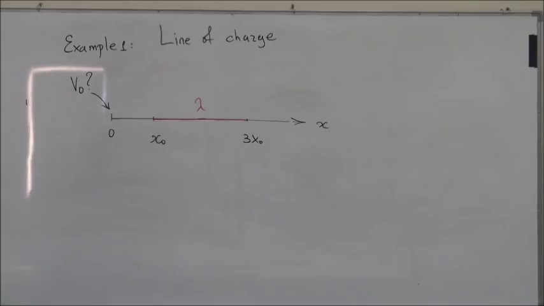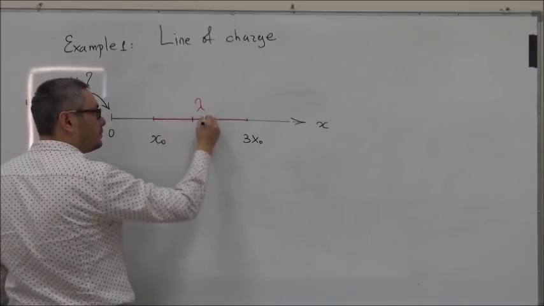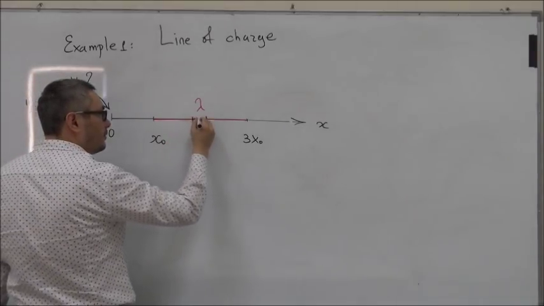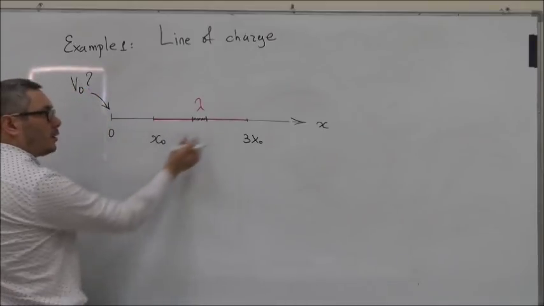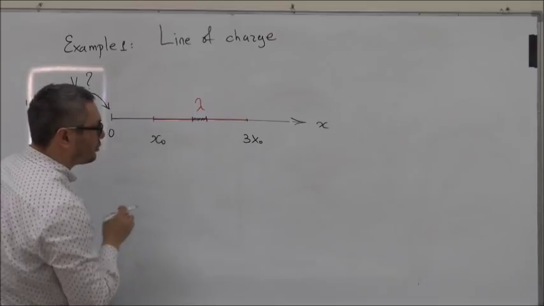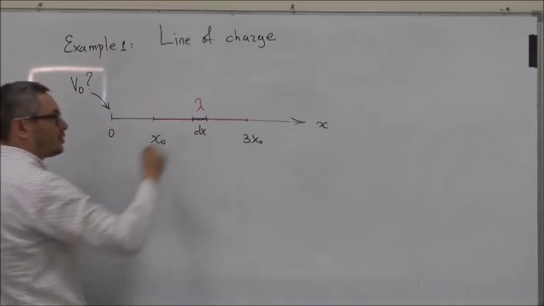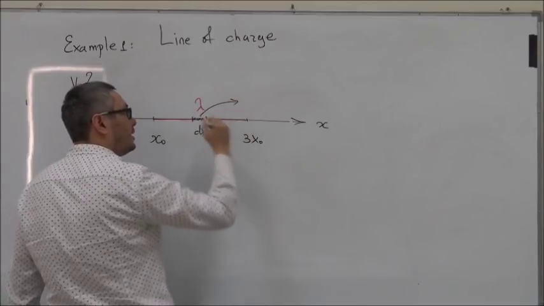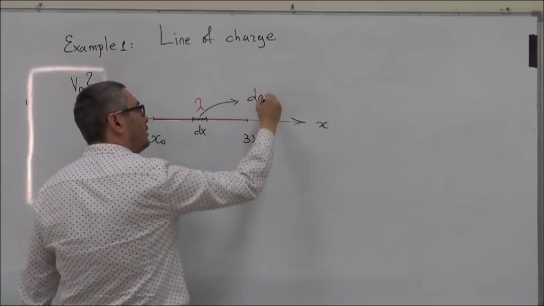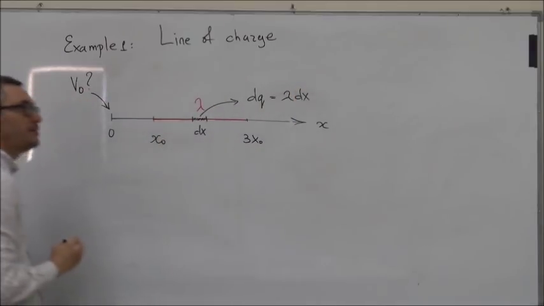Well, let's consider a small element of charge which is on that small element of that rod. So let's say that this length is dx. So the amount of charge that's on this dx is equal to dq, which is equal to lambda dx.